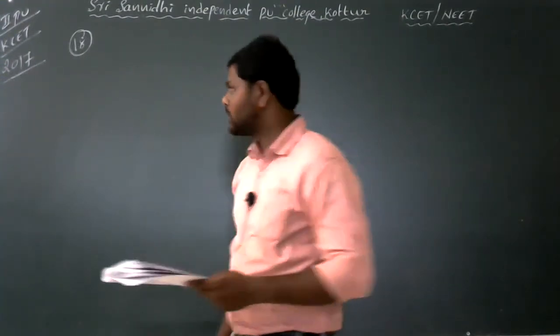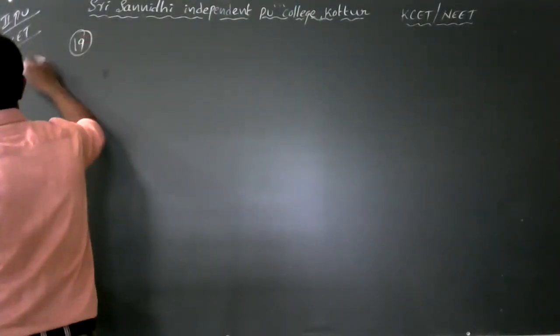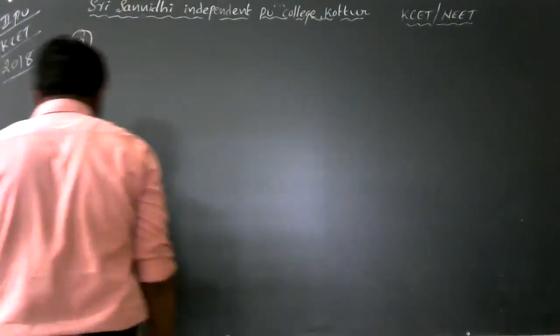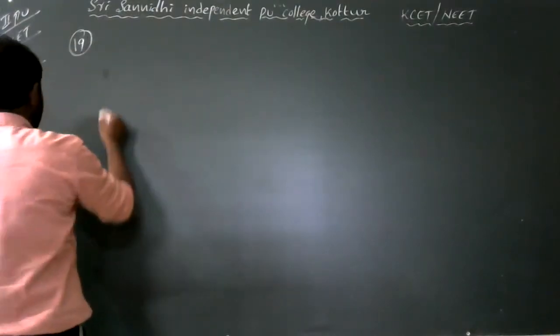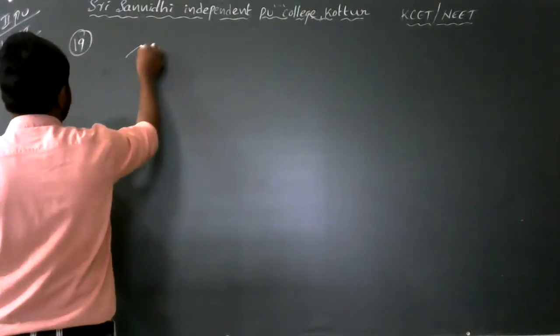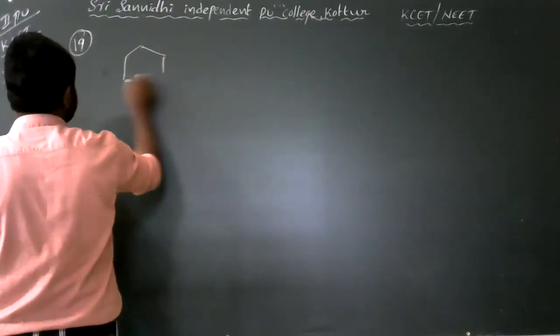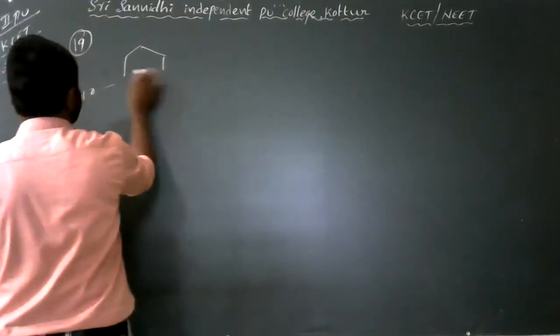Next, go to question number 19, from 2018. Let's see what is given. Which is the appropriate reagent for the following transition? The OH group is given here.